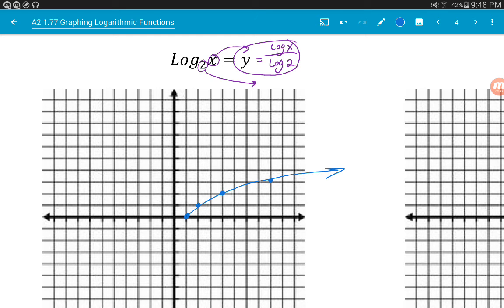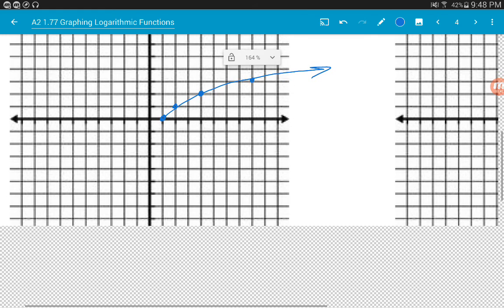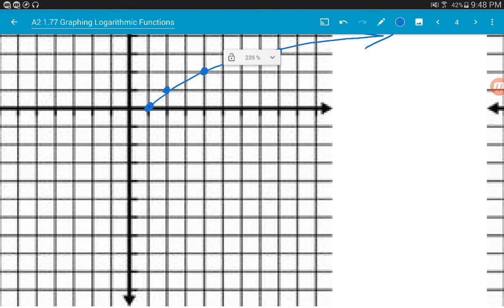This function looks a little like this. On the left-hand side, we can look at numbers in between 0 and 1. We can plug those x values in if we wanted to, between 0 and 1, to see what happens in between there.